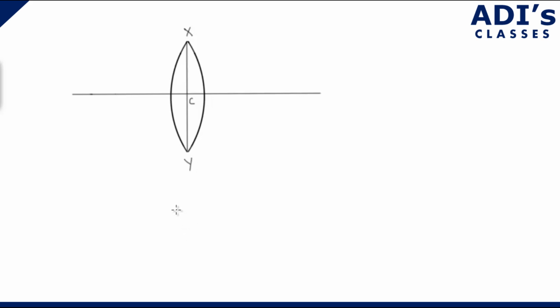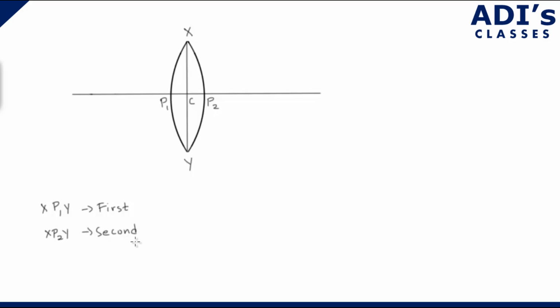Next, let's call this point P1 and this point P2. Why P1 and P2 are important is that we have two surfaces here: x P1 y is the first surface, and x P2 y is the second surface.